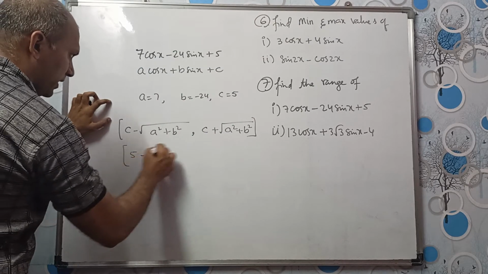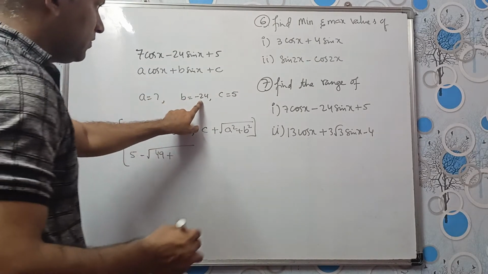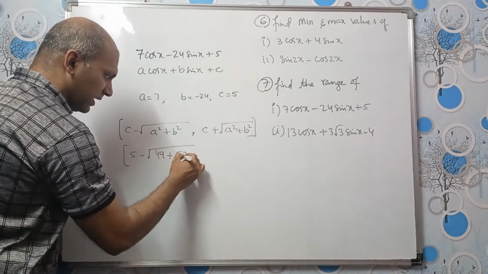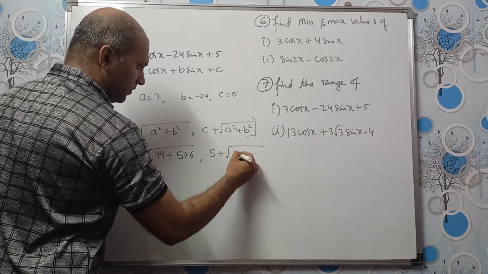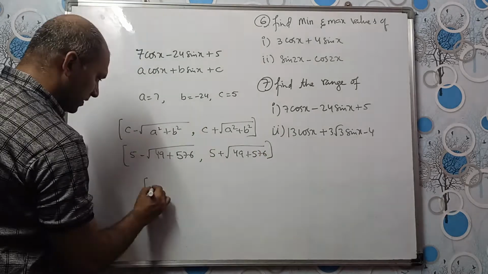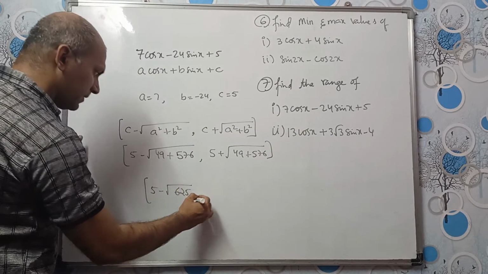This is 5 minus root of 7 square 49, 24 square is 576. So 5 plus root of 49 plus 576, this is 625.